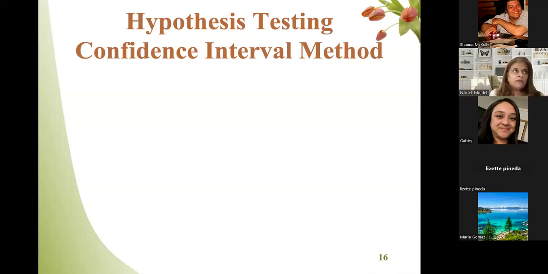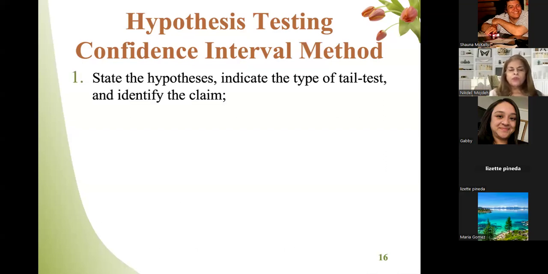If you take another statistics class at another school, you will see this method later on. The first step of the confidence interval method is the same as the other 2 methods. You state your hypothesis, indicate what type of tail test you have, then identify your claim.